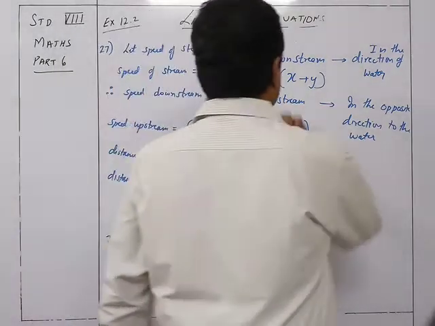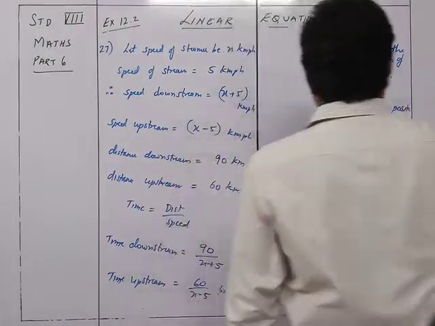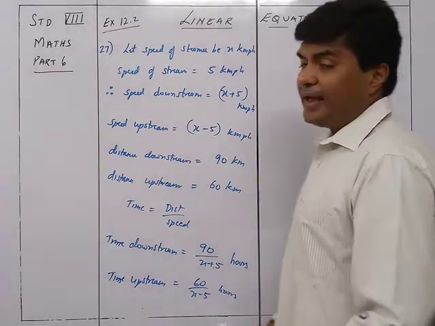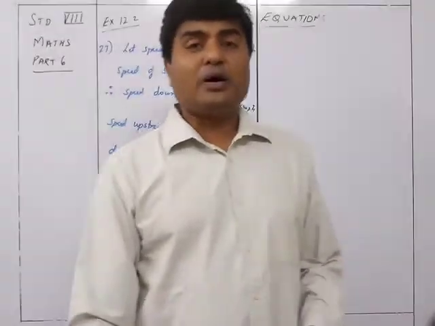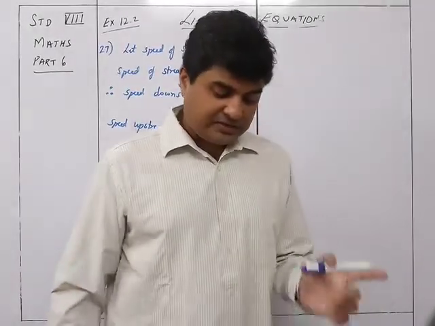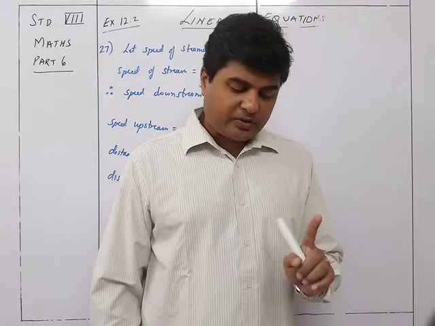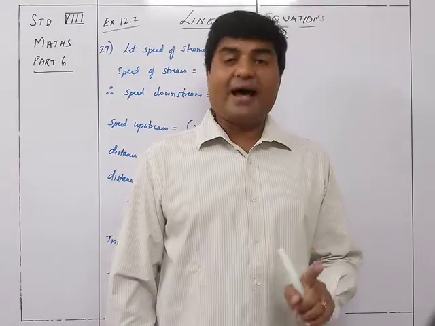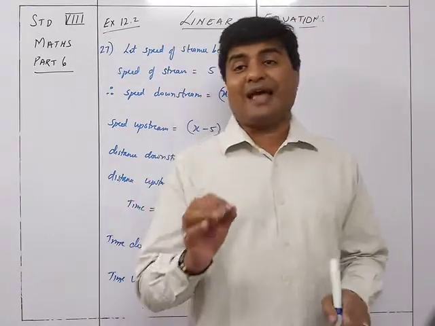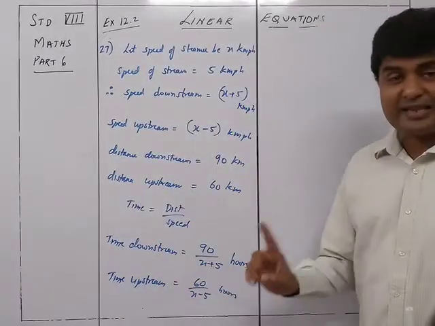Okay, so once you know this much, now we see in the sum what is given to us: the time taken for going 90 kilometers downstream and 60 kilometers upstream is the same. So that means the two times are equal.